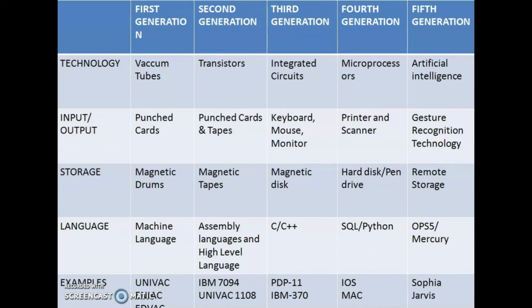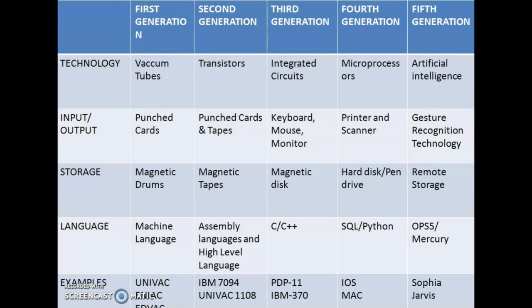The next one is third generation computers. The technology used is integrated circuits. Integrated circuits are components with a number of transistors, so it increases speed and the size decreased.